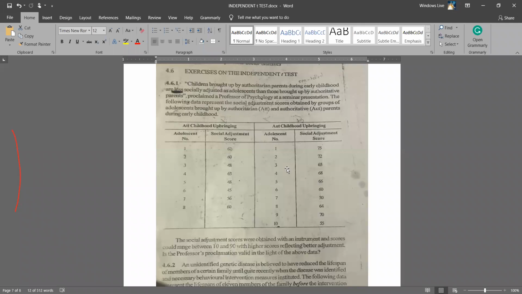Okay, and who can tell me the alternative hypothesis in this question? They were comparing two groups, and they said one will be high or low on social adjustment. So who can tell me the alternative hypothesis when you read a question?